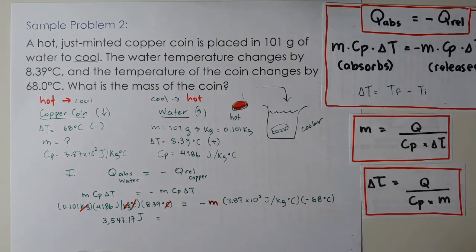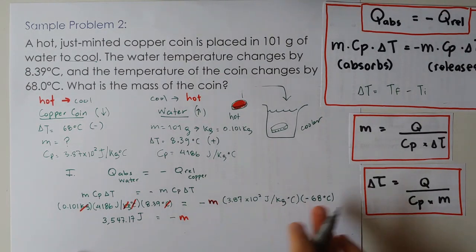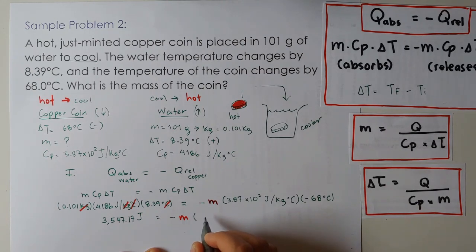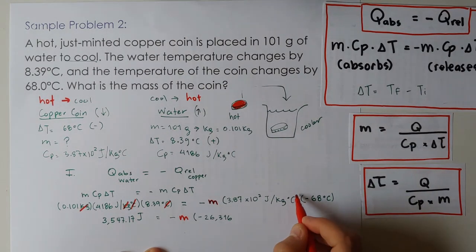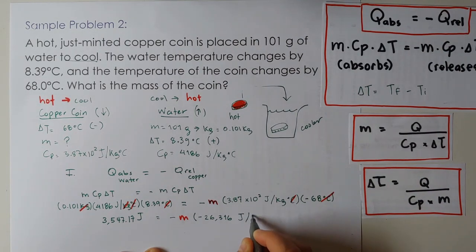This is equal to the other side, that is negative my unknown, the mass, times this. I got negative 26,316. Here joules, Celsius and Celsius are going to cancel, so my answer here is joules over kilogram.